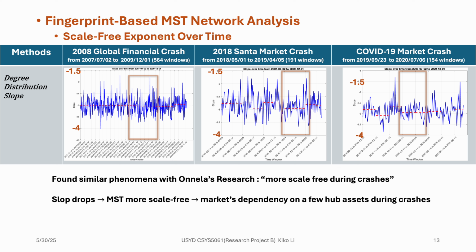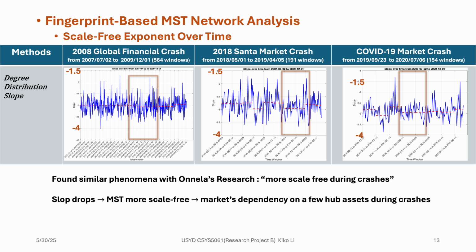On this slide, we plot the minimum spanning tree degree distribution slope in each window as a time series to show the change over time for each crash. The blue line shows the slope in each window. When the slope becomes more negative, it means a few assets have become dominant hubs. The red dashed line marks the average slope across the window periods for reference. The slope in all periods ranges from -1.5 to -4, which suggests the market has scale-free characteristics at all times.